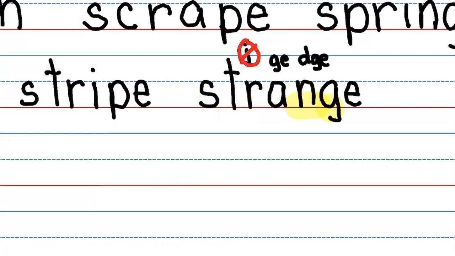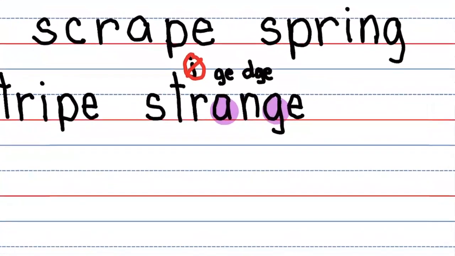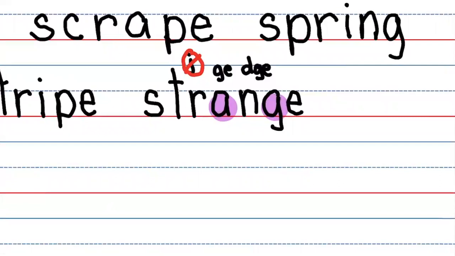Strange. And the E is jumping over two consonants to make the A say A. Let me mark it. Makes the A say A, and it's there for the G to say J. Okay? That's a strange word.